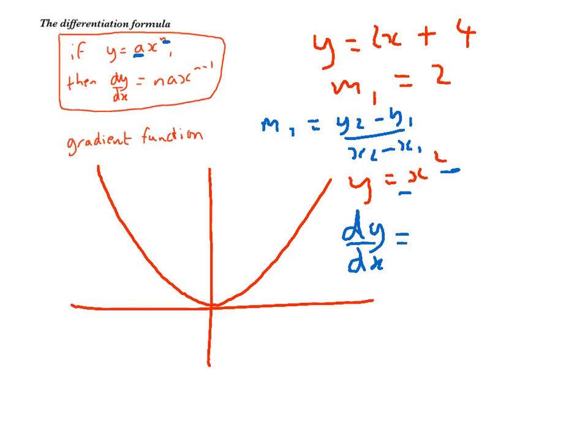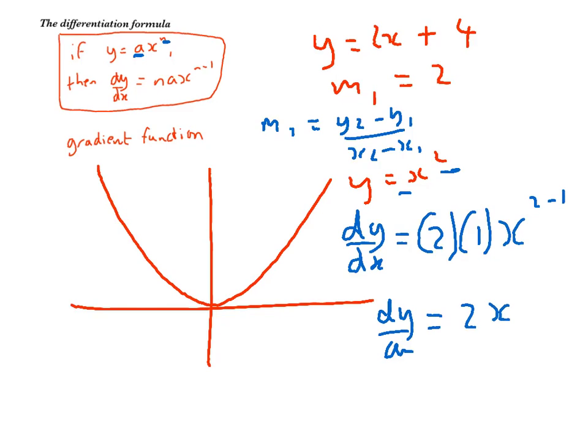So by the rule, it says dy over dx equals n, which is 2, times a, which is 1, x to the whatever n was minus 1 power, so 2 minus 1. So actually dy over dx equals 2 times x.